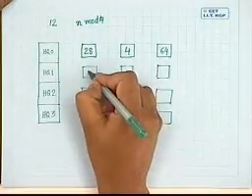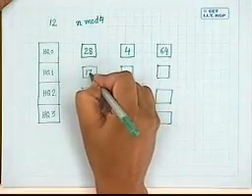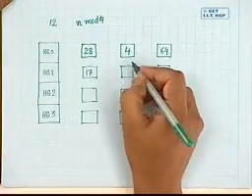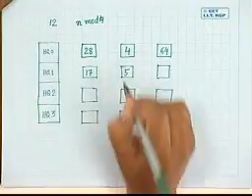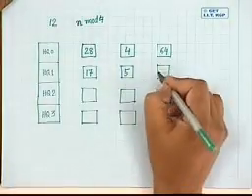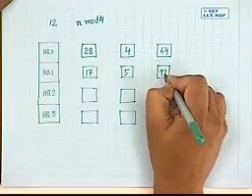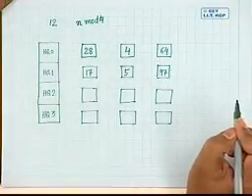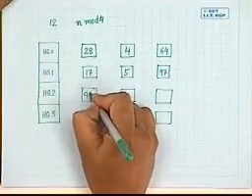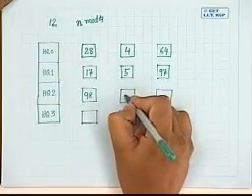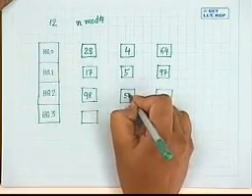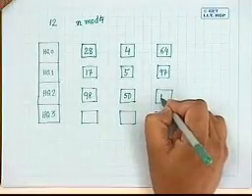Similarly, a buffer containing block number 17 will be present in hash queue 1. A buffer containing block number 5 will also be present in hash queue 1. A buffer containing block number 97 will also be present in hash queue 1. This way I can put different block numbers like this.